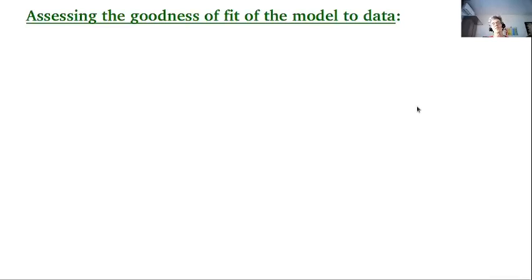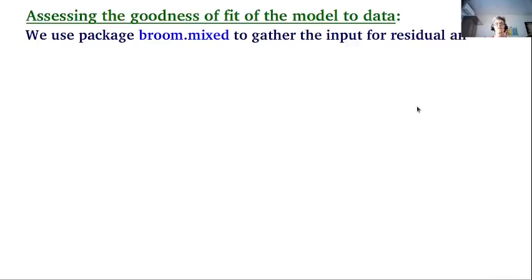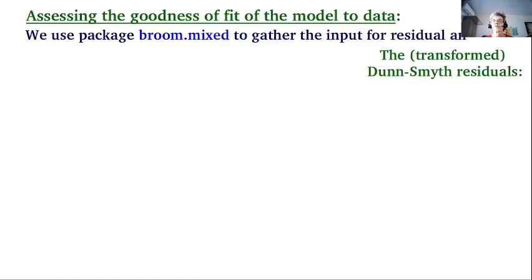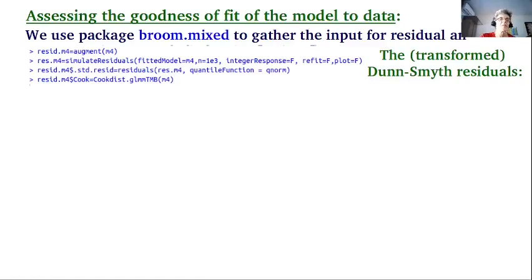So in order to assess the goodness of fit of the model to the data, we use the package mixed. This package is needed to take the input of models fitted with the package glmmTMB. So I obtain the basic input of the residuals. Then I simulate the Dunn-Smyth residuals using the package DHARMa. These simulated residuals are converted to a normal distribution.